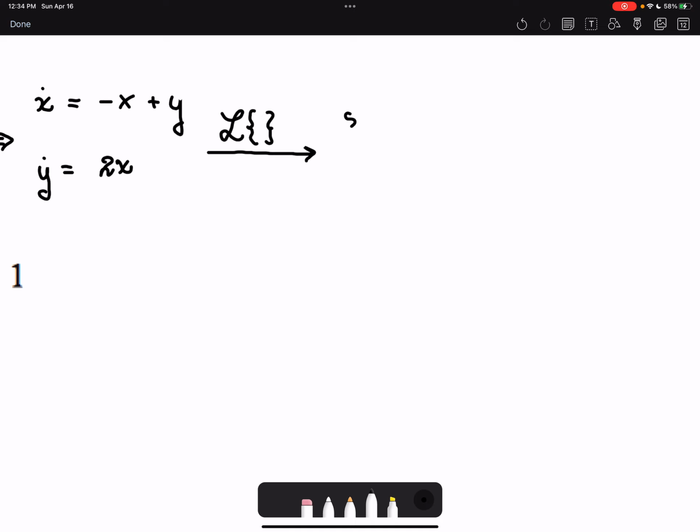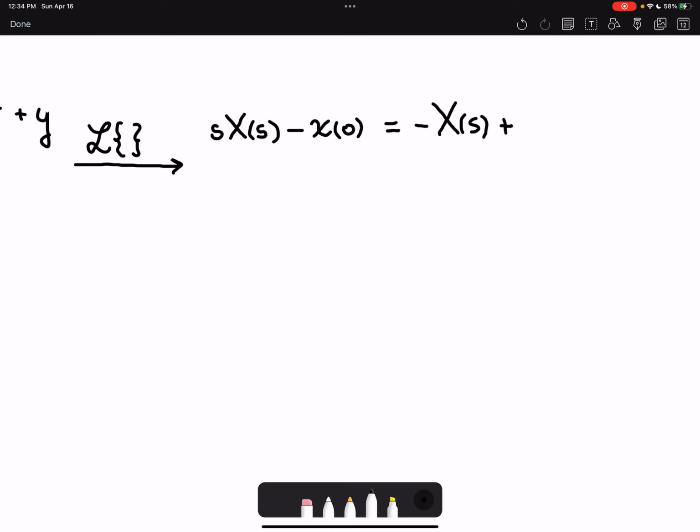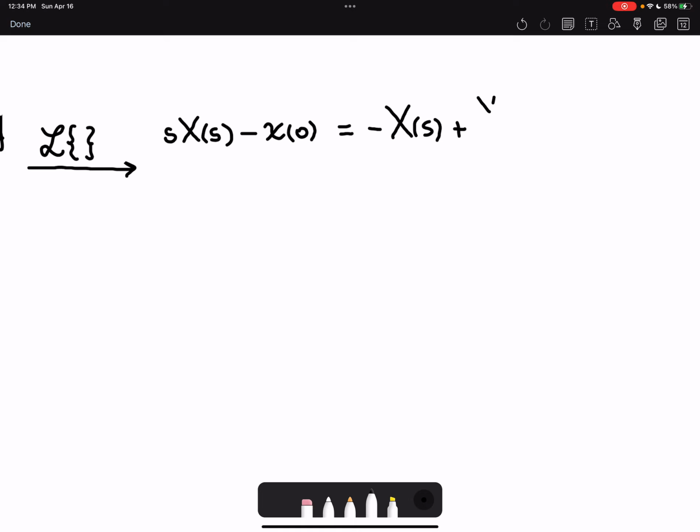Well, that is going to be s, because we're getting into the s domain, times big X of s, minus small x of 0. That's where you put your initial condition. And here we got minus big X of s, all added to the Laplace of y. That's going to be big Y of s.